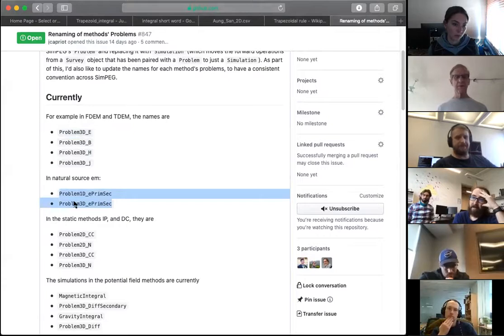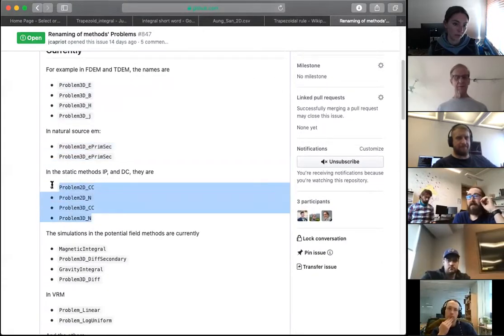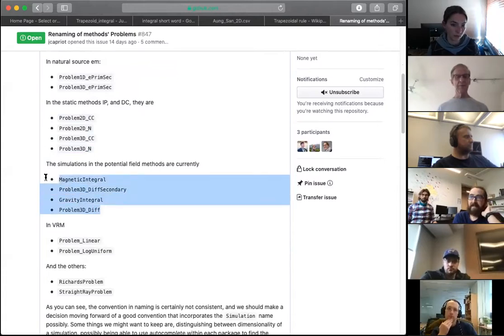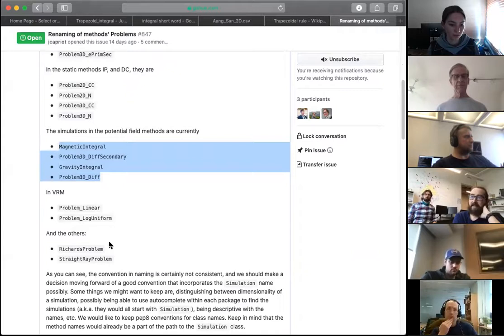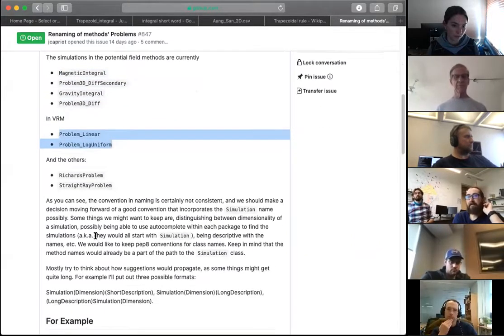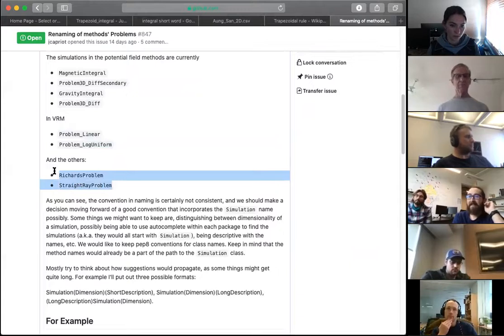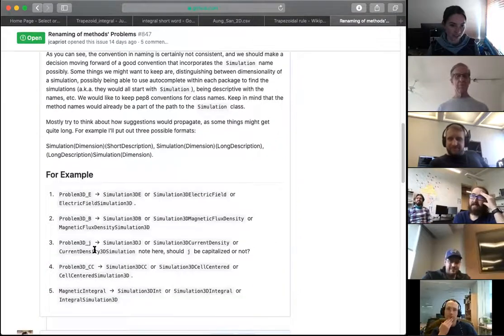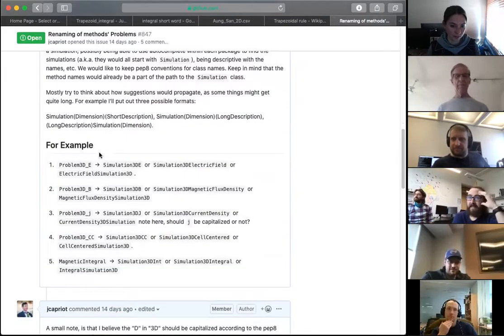Natural source is a little bit different. DC methods are a little different again. Potential fields are drastically different. These are all the same kind of class, just different subsets of that class. VRM is different again, and the two outliers, Richards and the seismology one, are different again. So the idea is we come up with a consistent naming formulation that we would propagate to all of them.